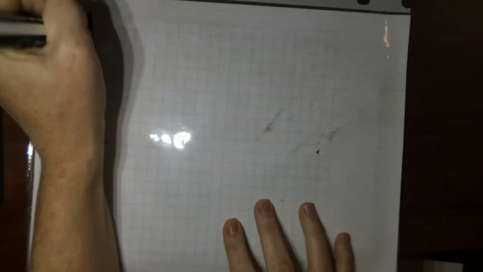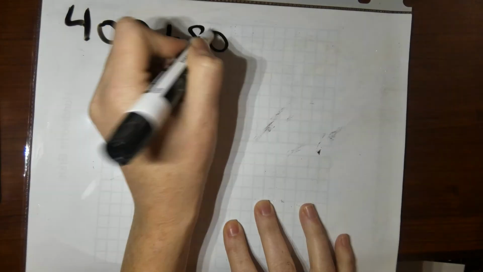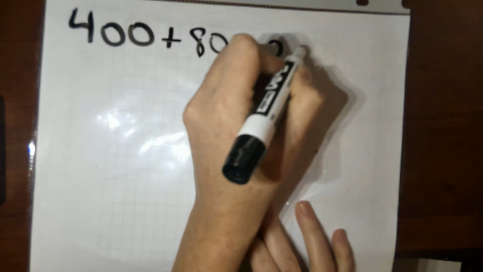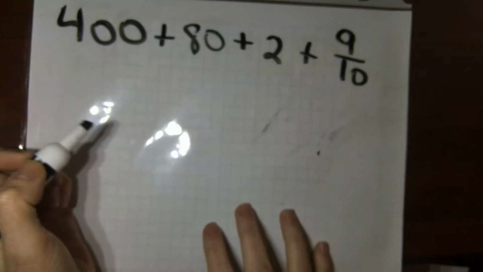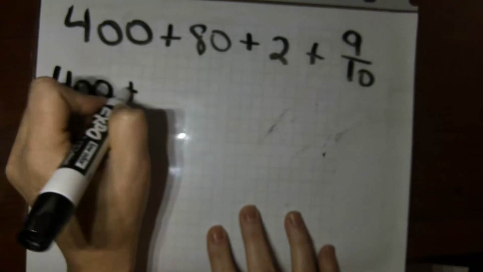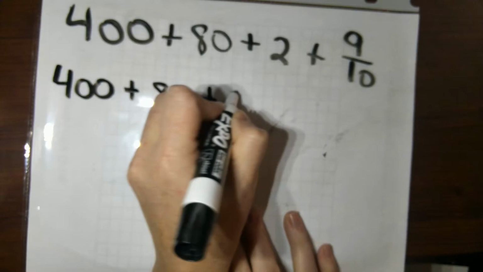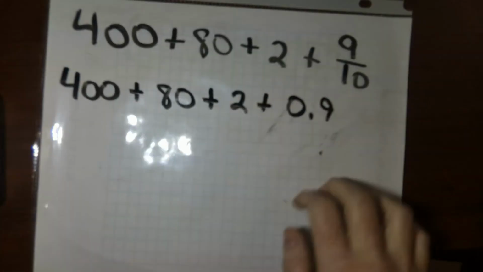So number 12 says 400 plus 80 plus 2 plus 9 tenths. When you see this on your IXL or maybe even in class, this can also be written in expanded form like this, but you get the same outcome.